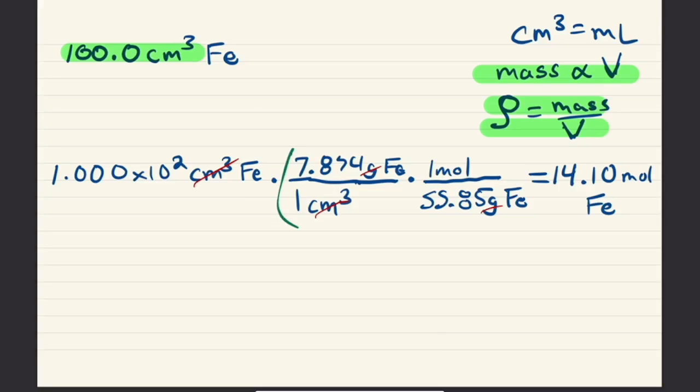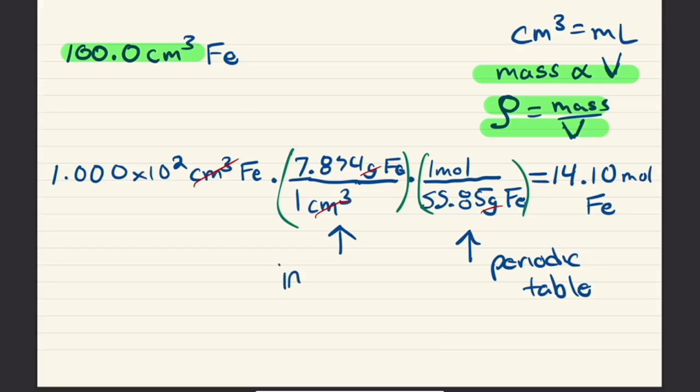Recognizing that each one of these conversion factors is in fact an equivalency, and we should recognize where we get these from, right? This, the periodic table, and this is an intensive property that can be looked up.